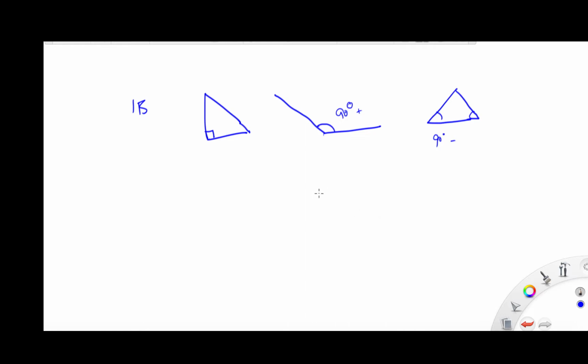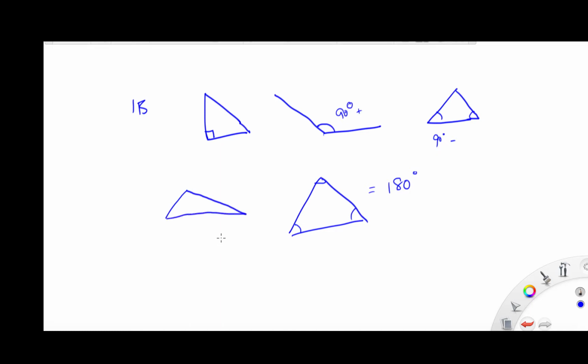You'll note that within any triangle, the interior angles total 180 degrees. All right. If it's a scalene triangle, scalene just means that you have 3 different lengths.